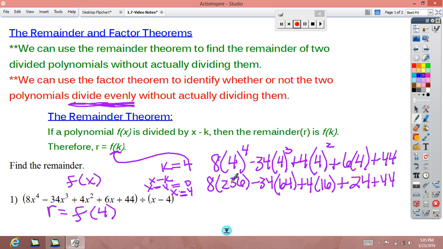Keep simplifying. 8 times 256 is 2048 minus 34 times 64, which is 2176, plus 4 times 16 is 64, plus 24 plus 44. Now I can add all these together.